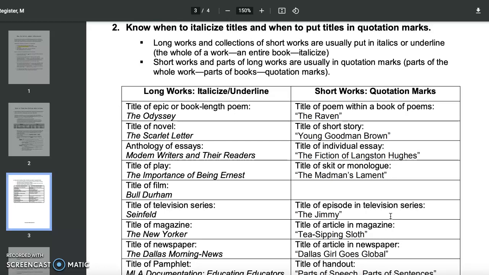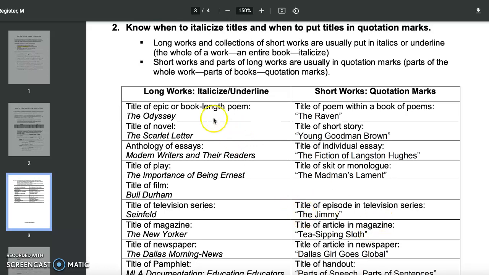But if we're talking about titles, sometimes titles are included in quote marks and sometimes they are included in italics. And a good way to think of this is if it's a larger container with a smaller part inside, you italicize the container, and the smaller part within that work or that container, you include that title in quotation marks.